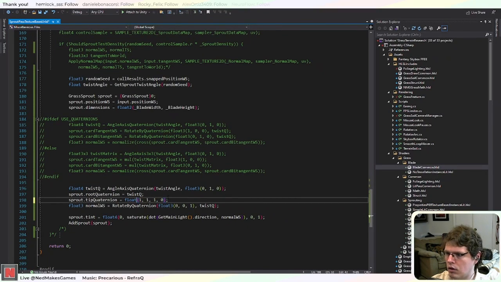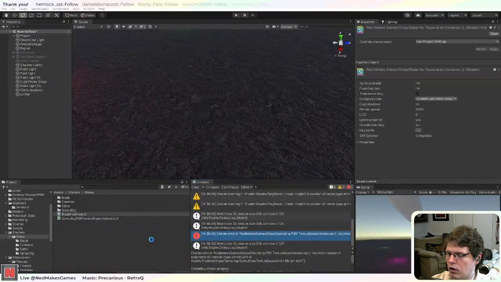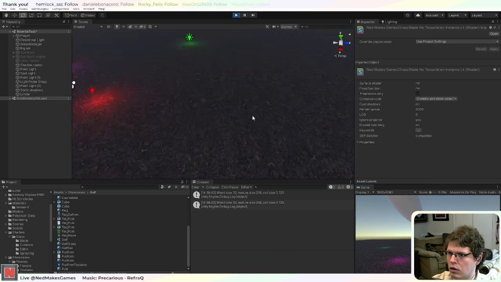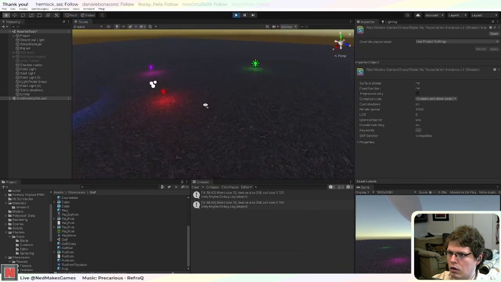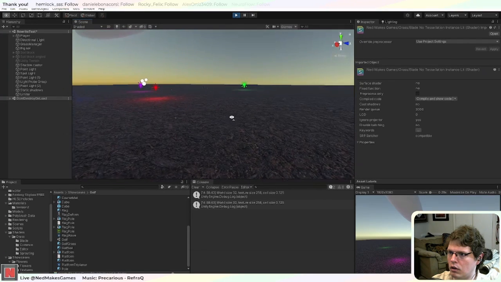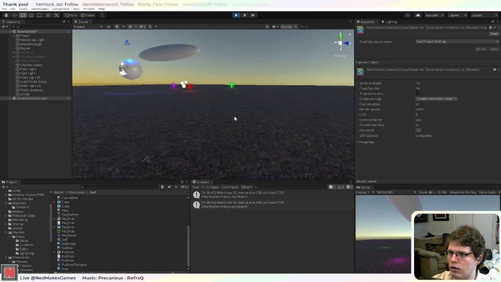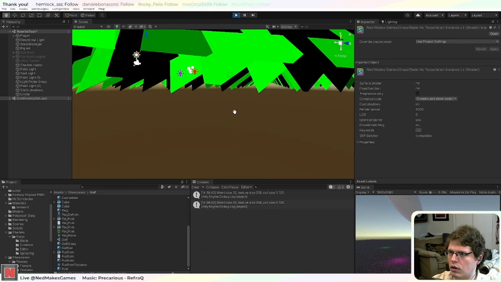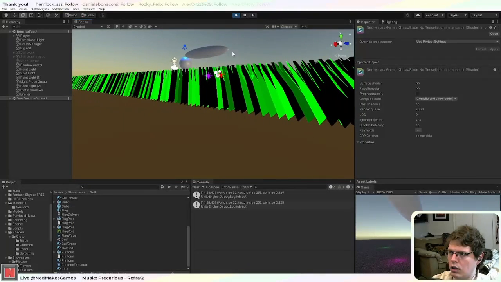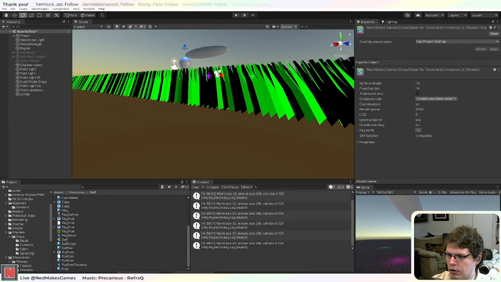Oh. Okay. Oh, they're underground. Yeah, maybe that's not the identity quaternion after all.